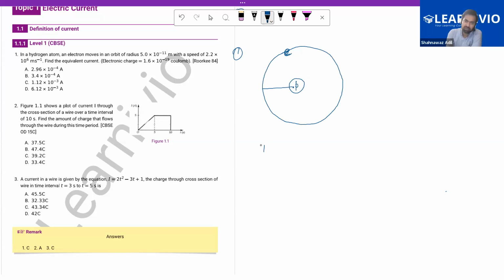That current would simply be charge divided by time. The charge is e, since the electron is moving, divided by time. So the thing that we require is this time. Can you tell me how we can calculate this time?